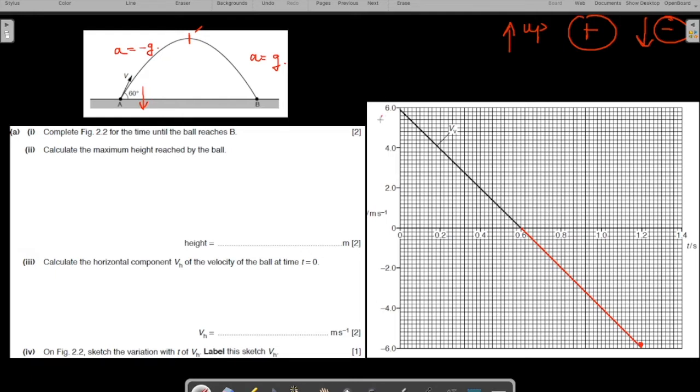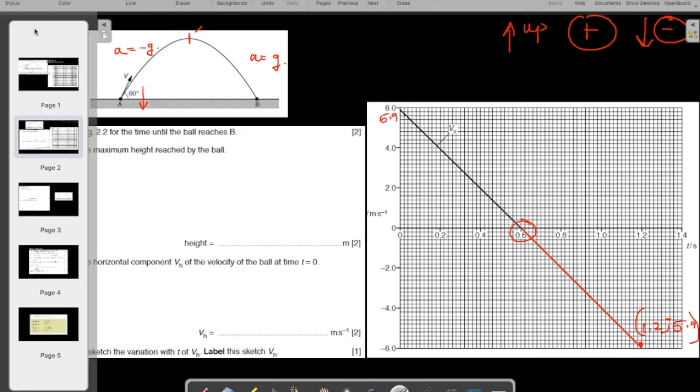It starts from 5.9. So this point coordinate should be, my mistake, we write the x value first. So 1.2, which is double of 0.6, and 5.9, a negative 5.9. Right, this is a negative sign. This is what you have to draw.